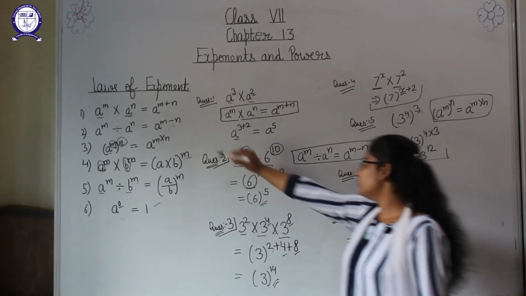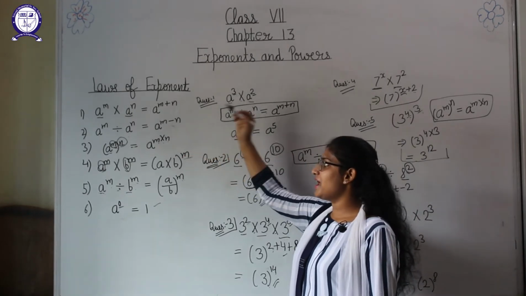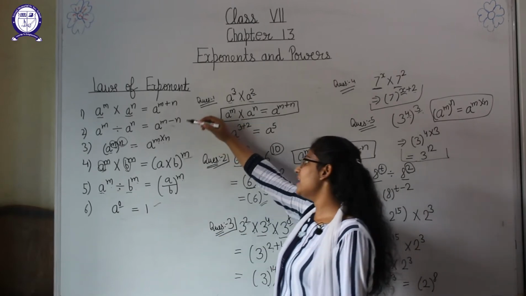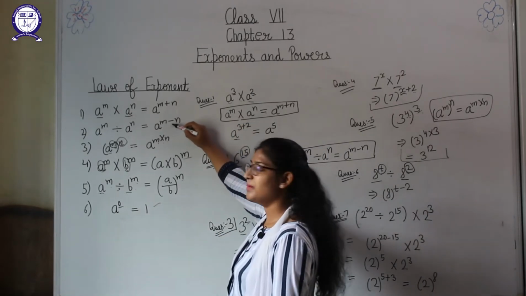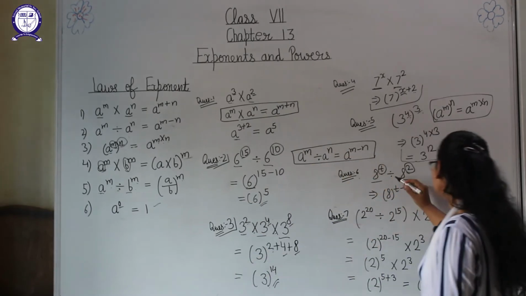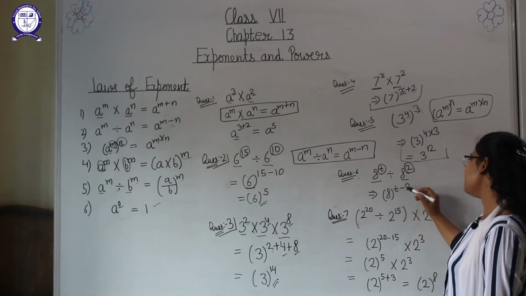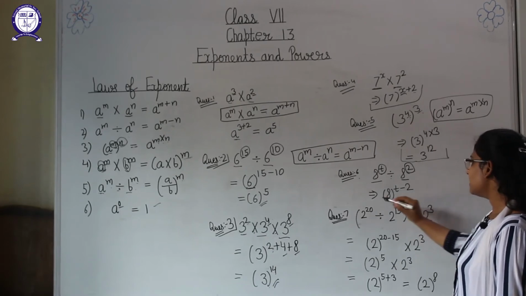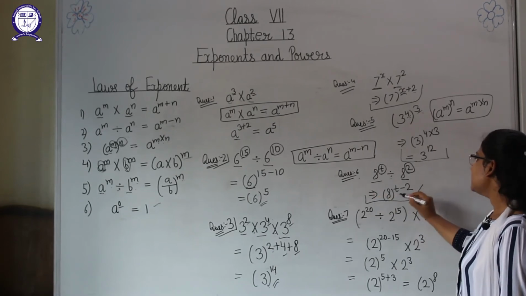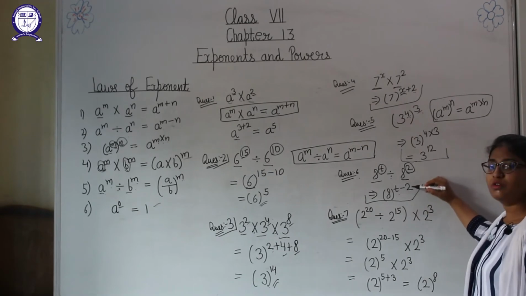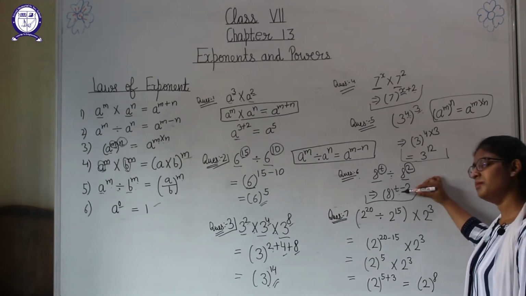So the second law will be applied, where a raised to the power m divided by a raised to the power n is equal to a raised to the power m minus n. They are in division, so powers will be subtracted. So 8 raised to the power t minus 2. Here also we can't solve it further because 2 can't be subtracted from t.